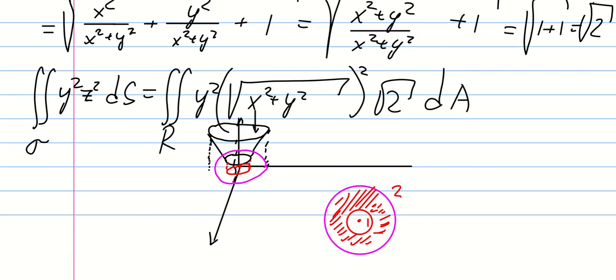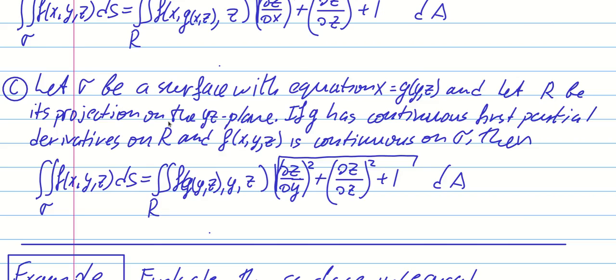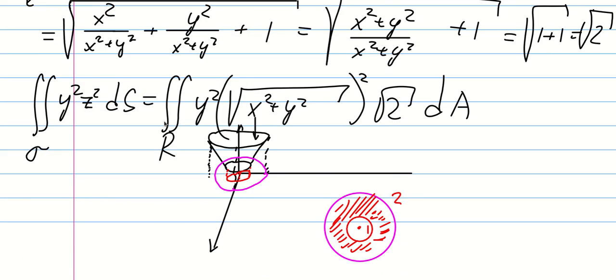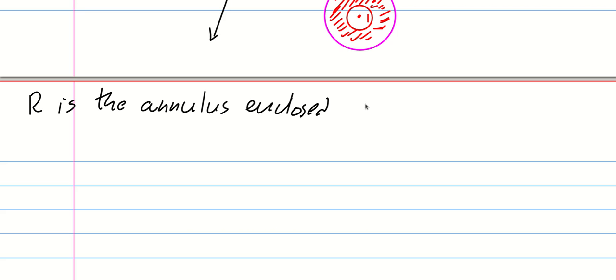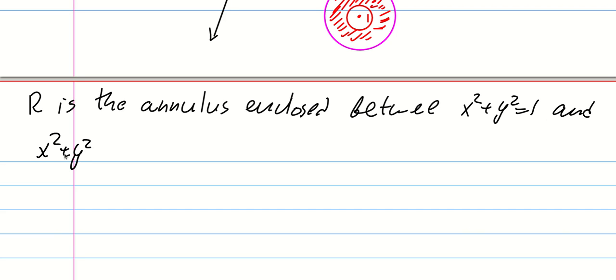So how can we describe this R? This R we can describe as an annulus, right? So R is an annulus enclosed between the circle of radius 1, which is x squared plus y squared equals 1, and the circle of radius 2, which is x squared plus y squared equals, I said 2.